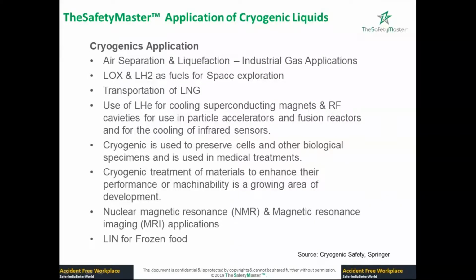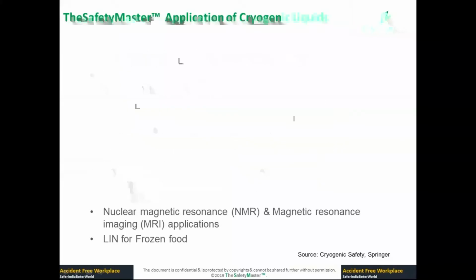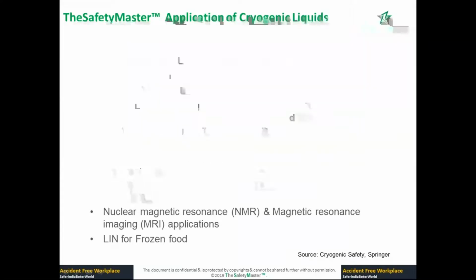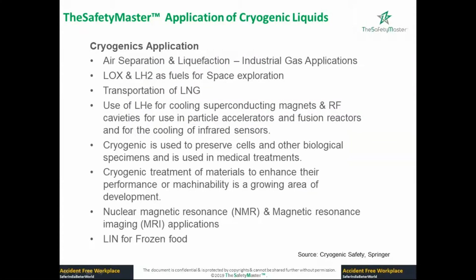Similarly in India, many shrimp cultivation farms freeze shrimp with liquid nitrogen and export it, because it will be fresh. The advantage of freezing shrimp or prawns is that it stays as fresh as when you get it. That is the quality you get, which is why liquid nitrogen is used for food freezing.